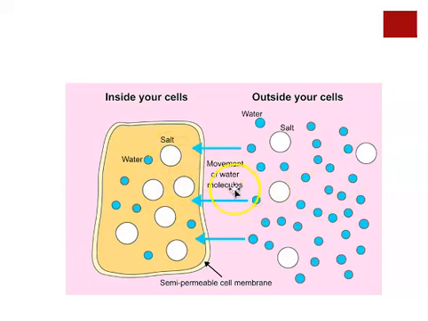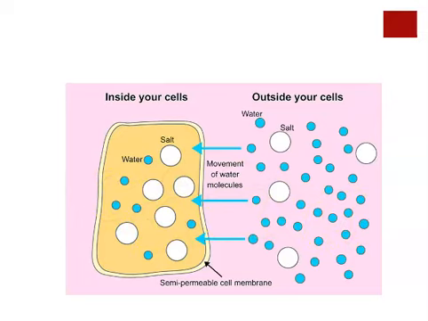By bringing more water into this cell, I'm going to change the concentration of the salt. Remember, concentration means the amount of salt per volume. So if I increase the volume of water in here, I'm going to get rid of the gradient of the salt. That's what osmosis does.